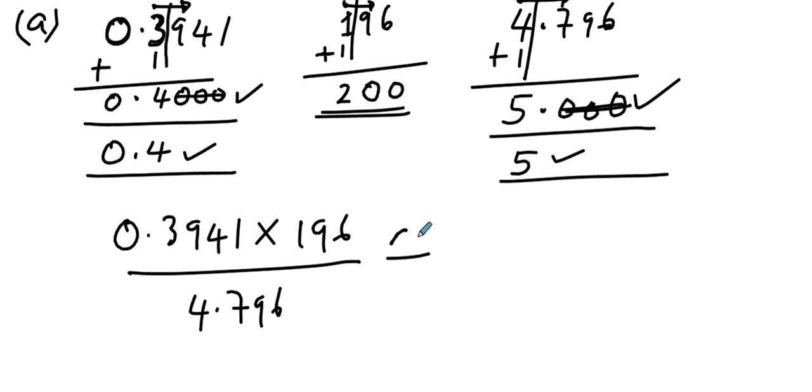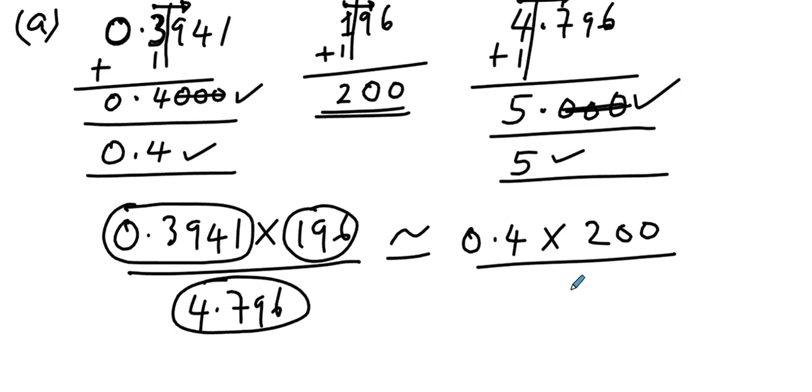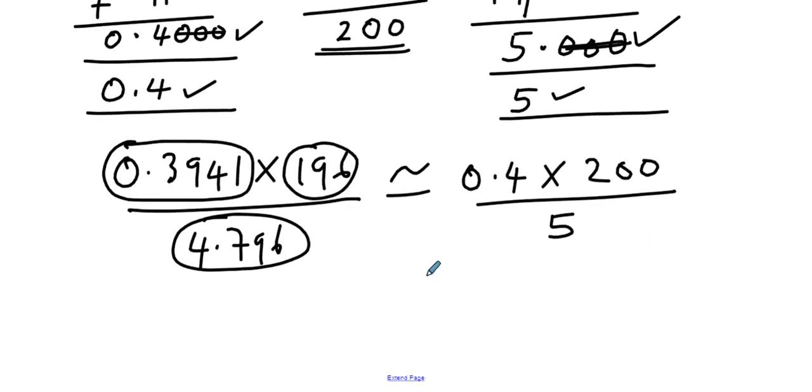This is approximately equal to this one. We got 0.4. This one we got 200. This one we got 5. Can you see? Now the work will be easy.